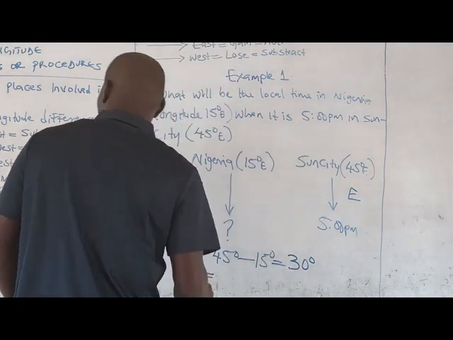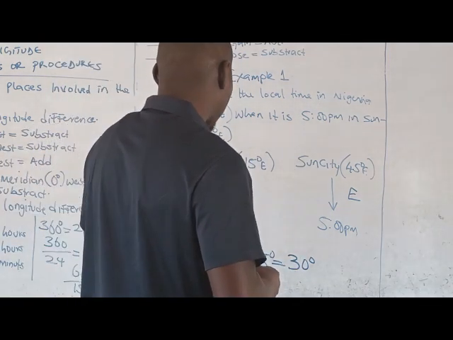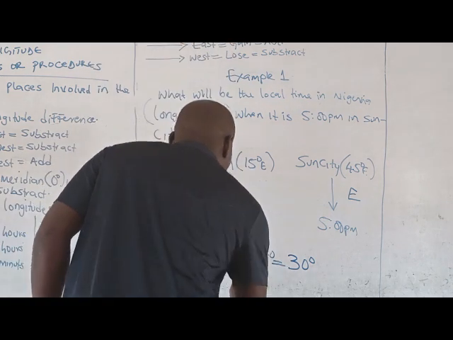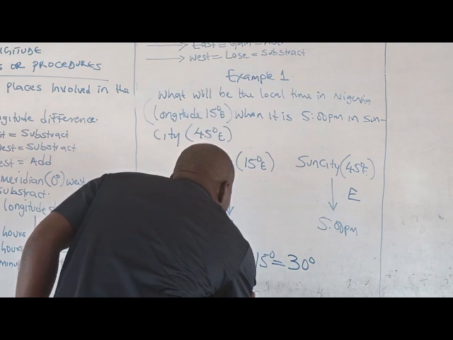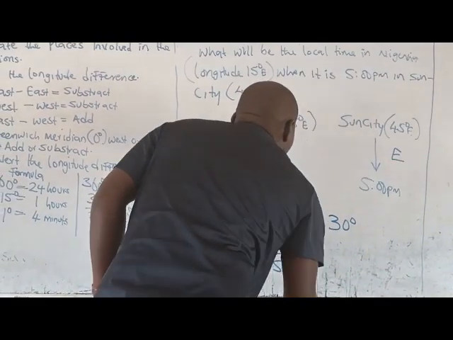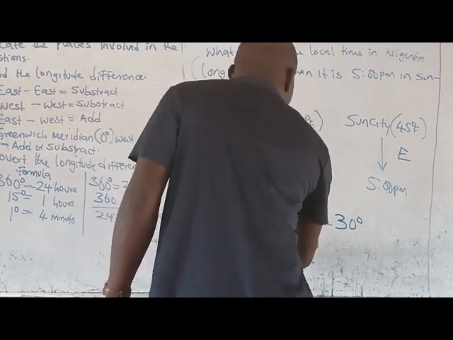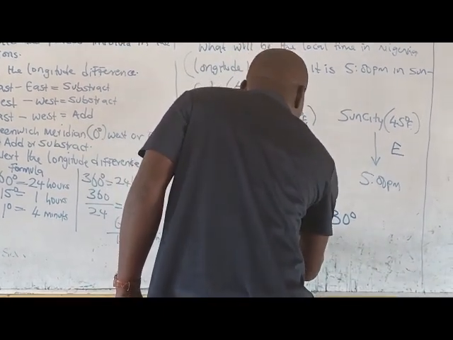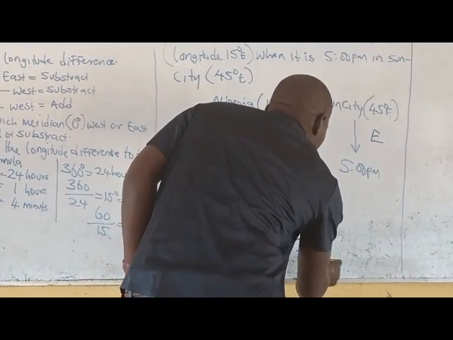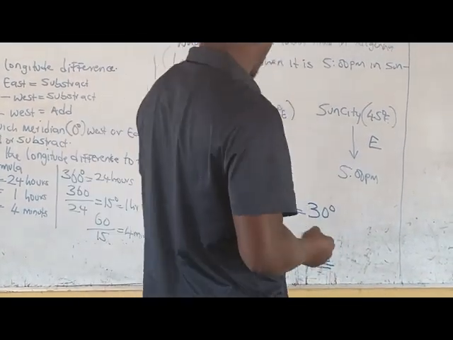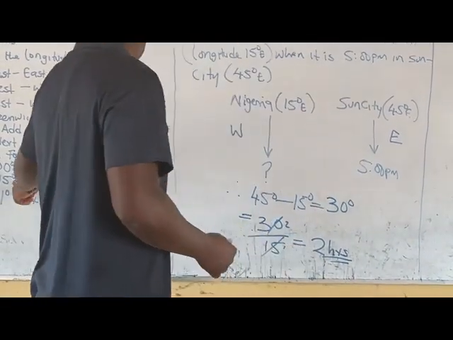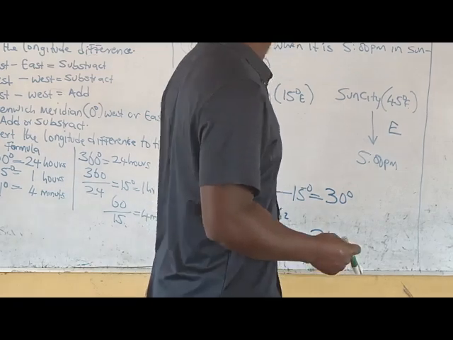So we say that 30 degrees, that is 15 degrees plus another 15 degrees, is equal to 2 hours.